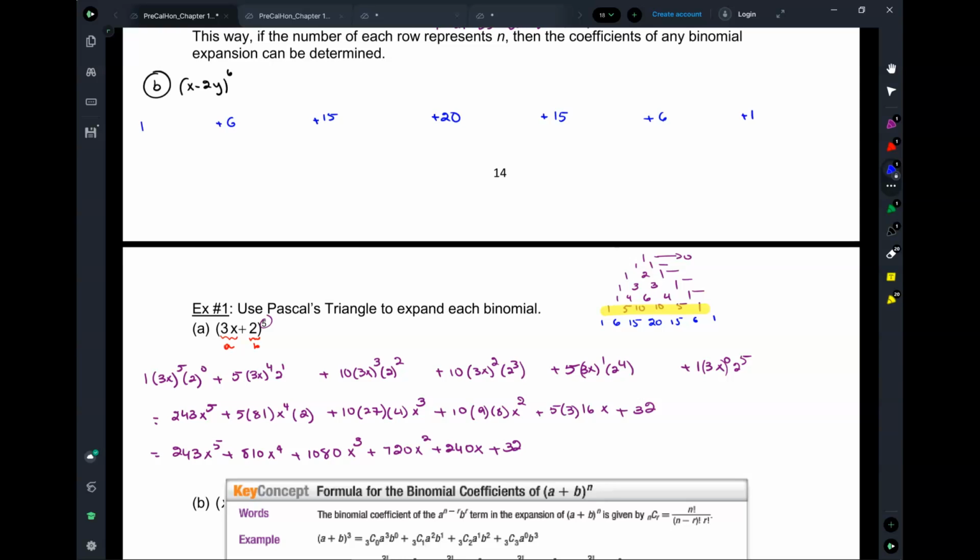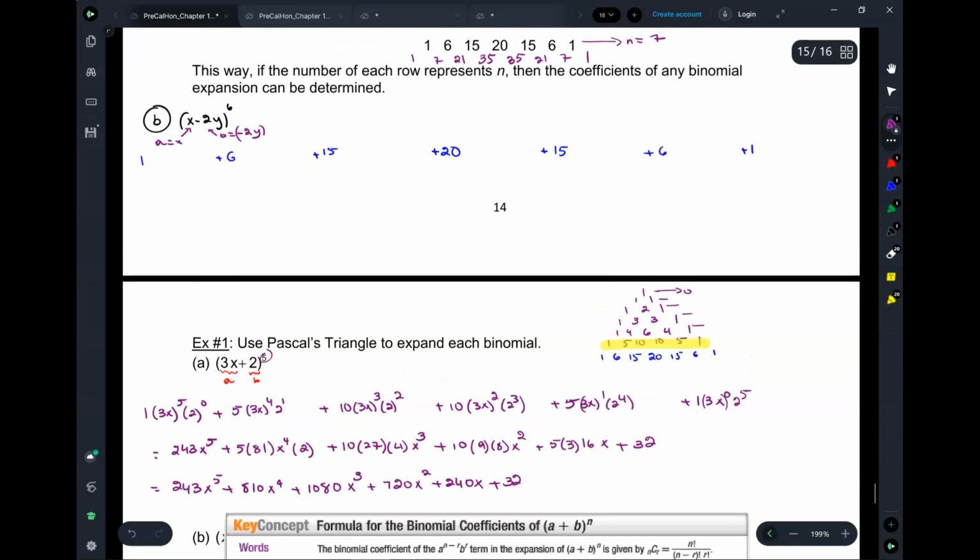So what's A here and what's B? A is x and what's B? Negative 2y. Okay? Because it's A plus B, so it's A plus negative 2y. So here's another way you can do it. X to the 6, x to the 5, x to the 4, 3, 2, 1, 0.